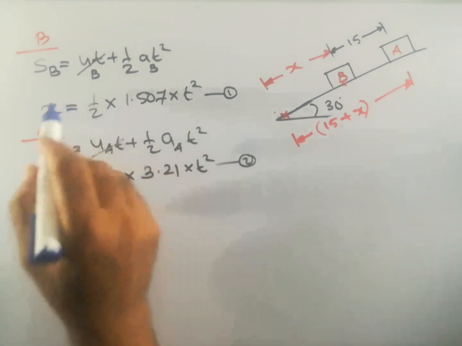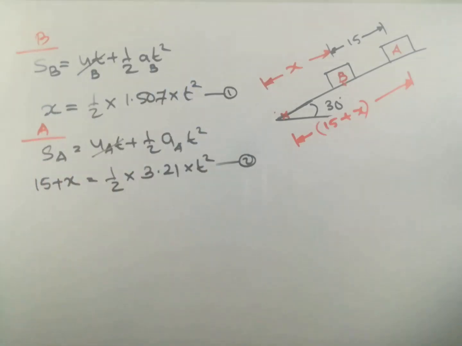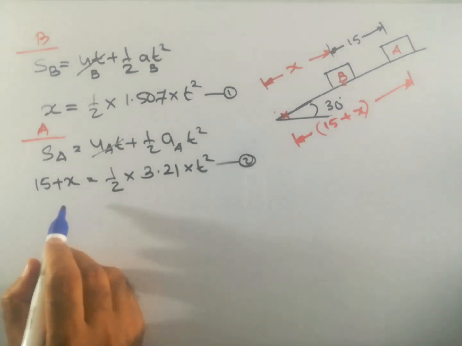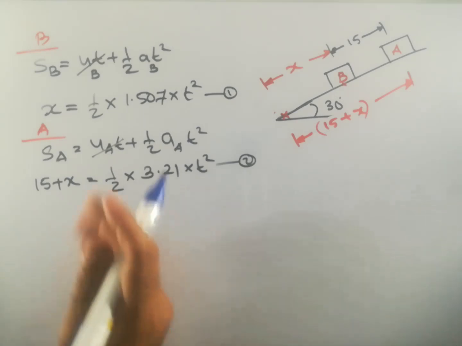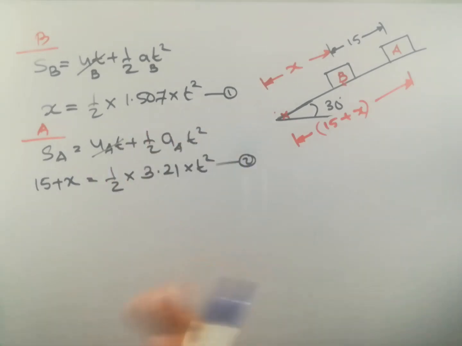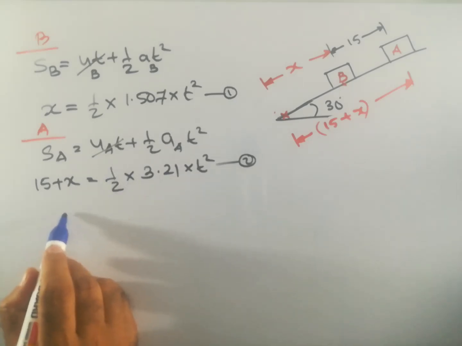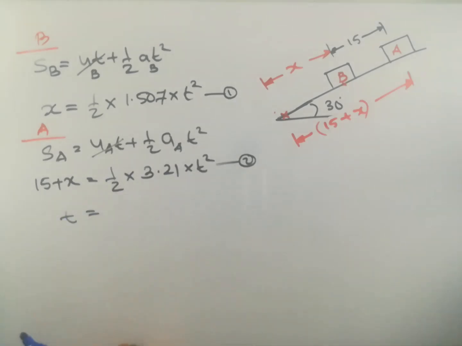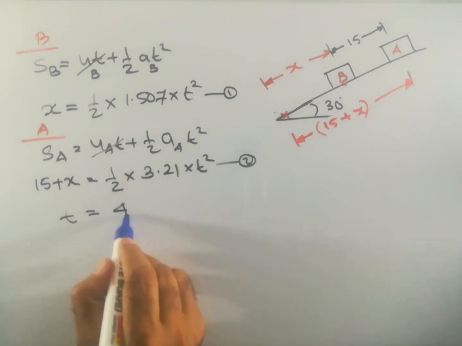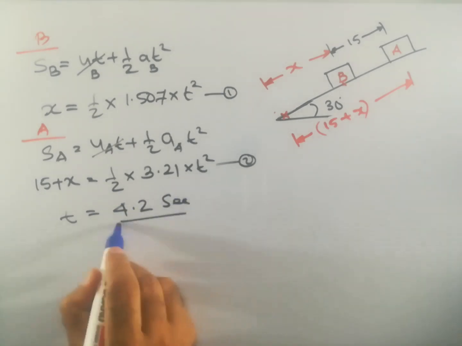Now we have two equations involving x and t as the unknowns. Solving these two equations simultaneously, for t we will get t equal to, how to solve it? In many ways it can be solved. From equations 1 and 2, t is equal to 4.2 seconds.